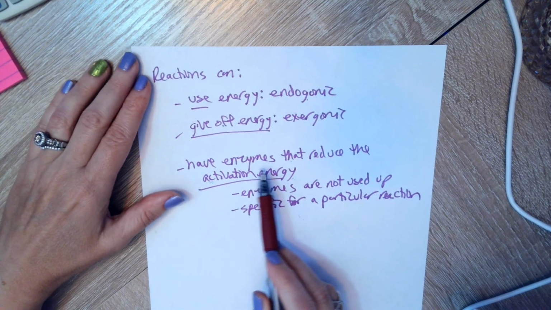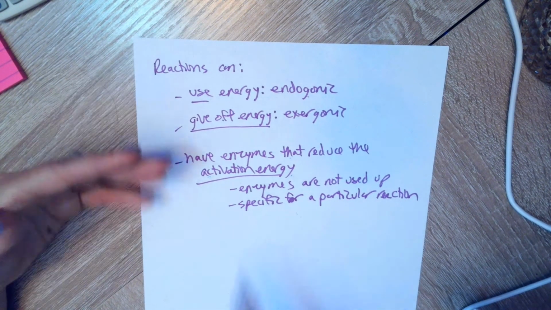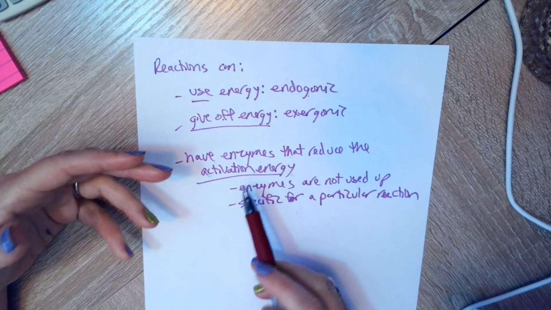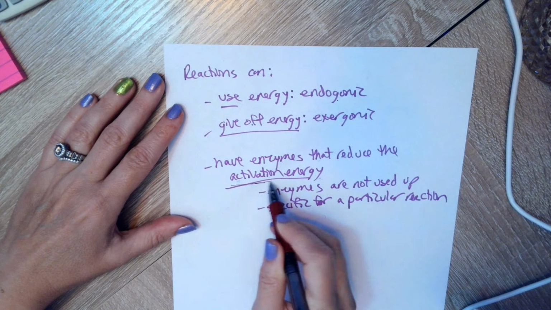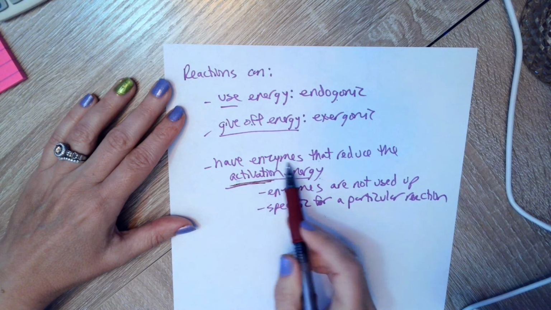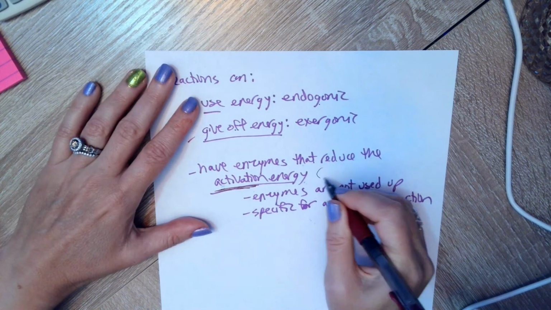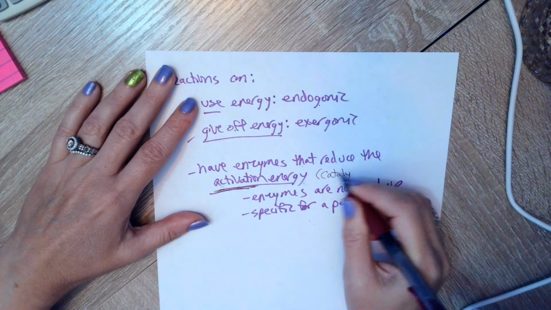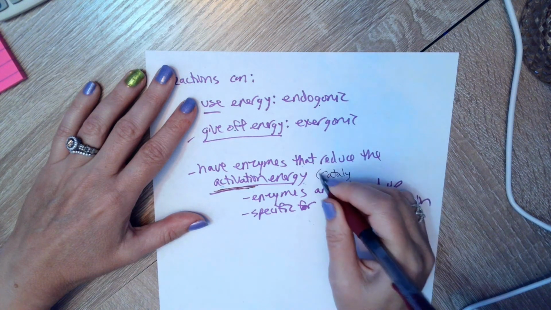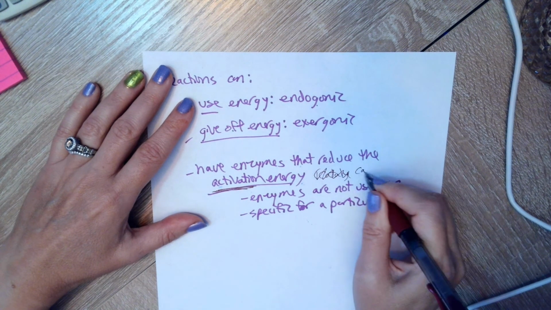Many reactions have enzymes that reduce how much energy is needed to do the reaction. And how much energy is needed to run the reaction is called the activation energy. So enzymes are just essentially facilitating, or what we would typically use is the word catalyze.